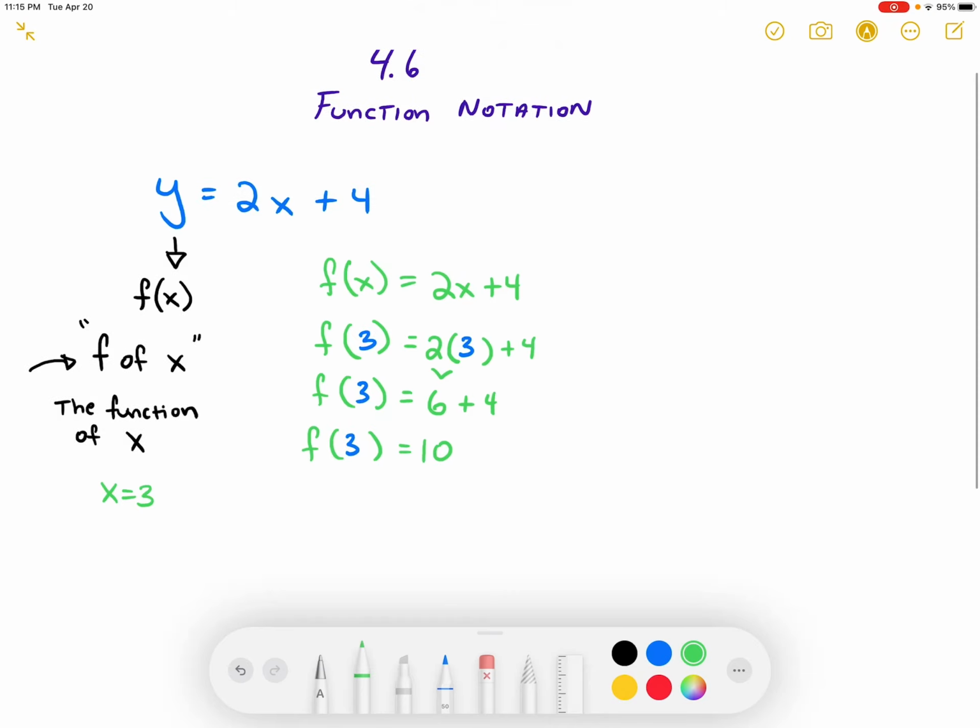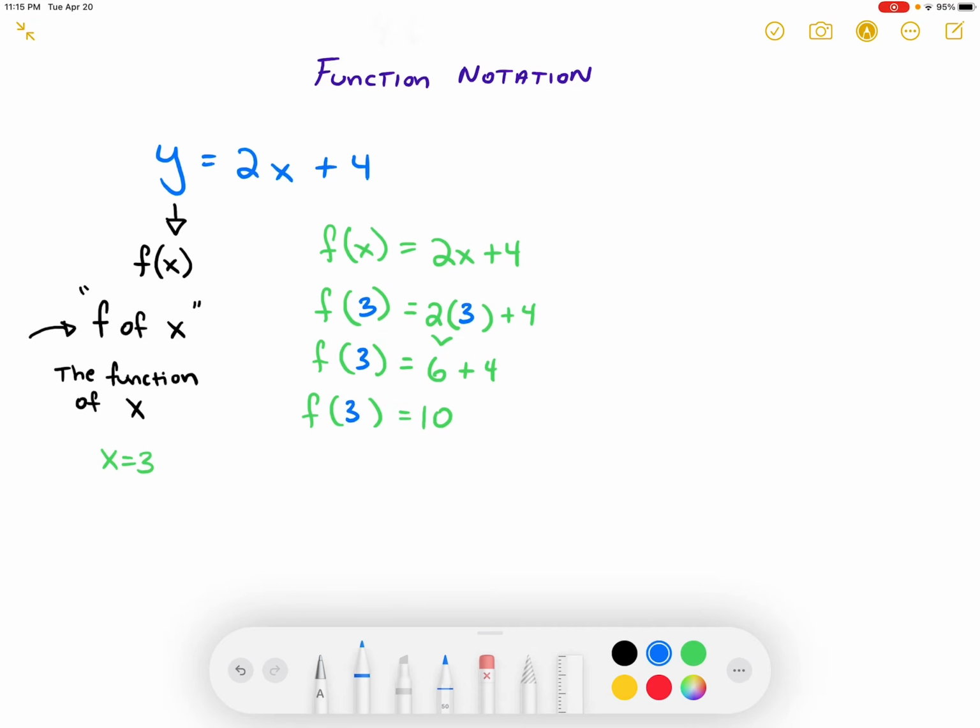So the answer, we're going to write as an ordered pair. And we remember the ordered pair is x first, then comma, y. So we replace the x with what we said x was, which in this case is 3. That's why we said f of 3, the function of 3.